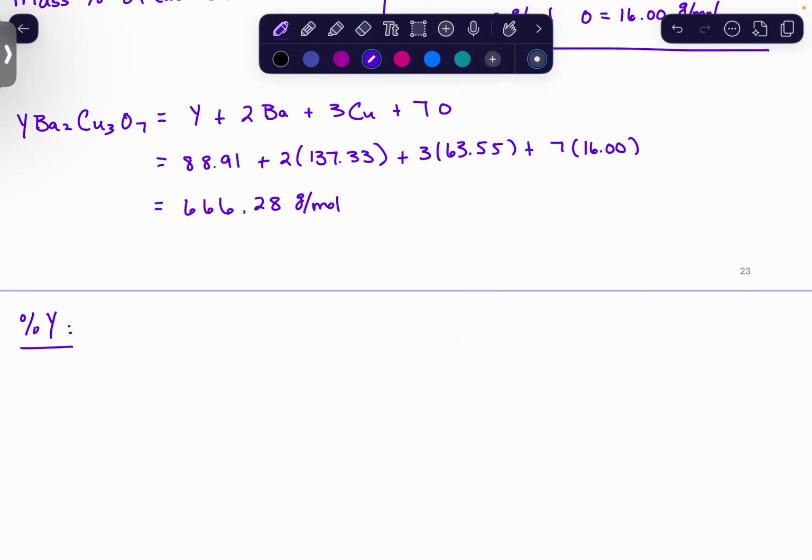Percentage of yttrium. That is going to be, you only have one of those in the compound, over the total mass. Okay, and so that's going to end up being 88.91.